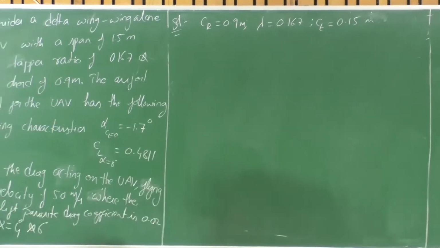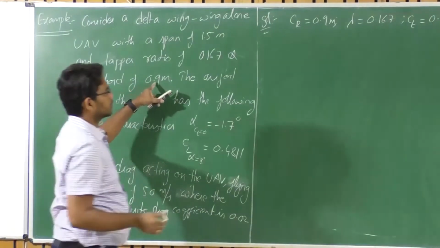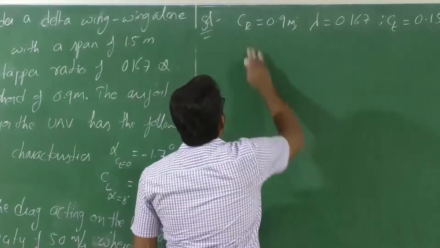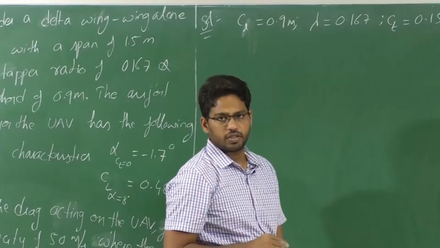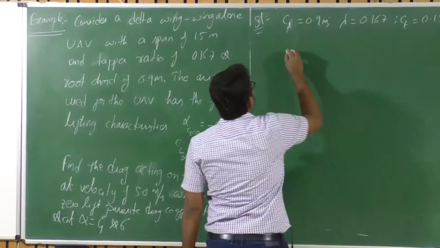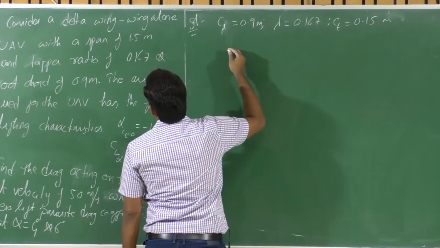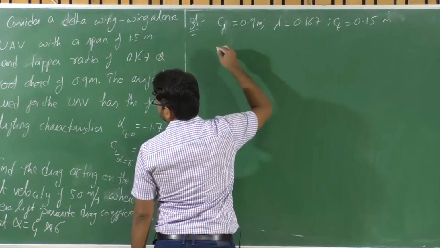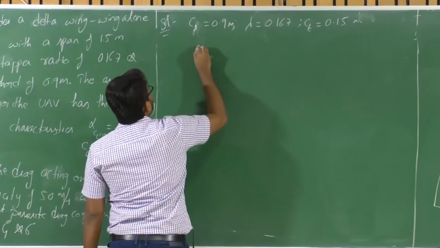The root chord is given as 0.9 meters, right? So CT will be 0.15 meters. The taper ratio, lambda, is given, from which you can find it.